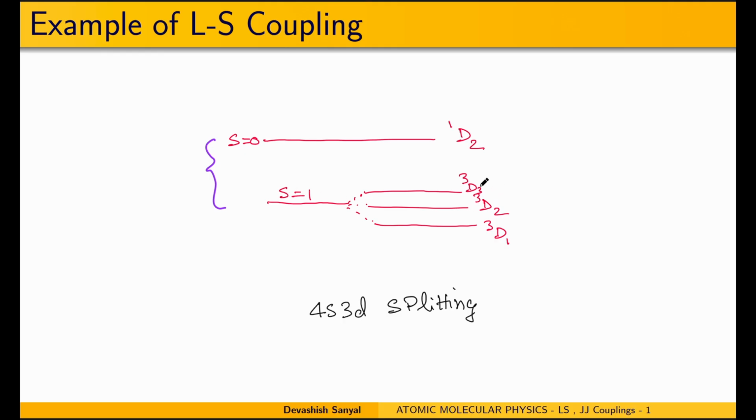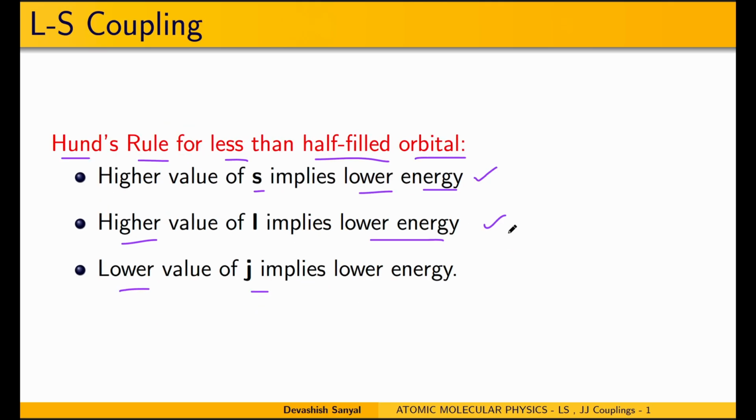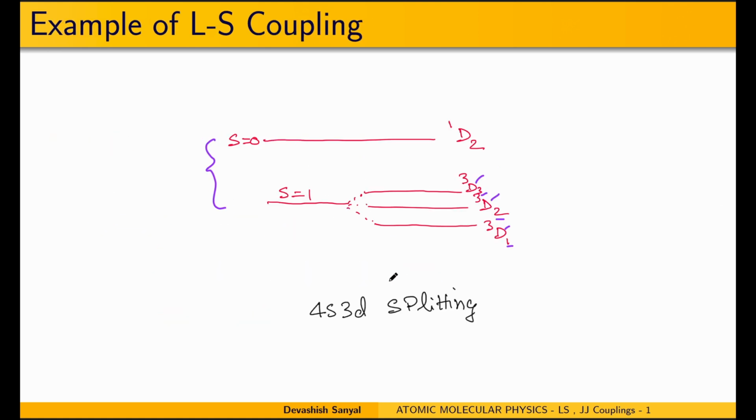Now you can see all these are D, so they have the same orbital angular momentum, but the J values are different: J equal to 1, J equal to 2 and J equal to 3. As we saw in Hund's rule, the lower the value of J, the lower the energy. So this is the lowest state, the ground state. After that, this is the first excited state. So this is the 4s 3d splitting because of LS coupling.